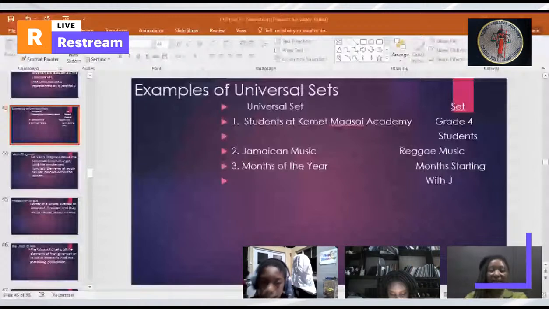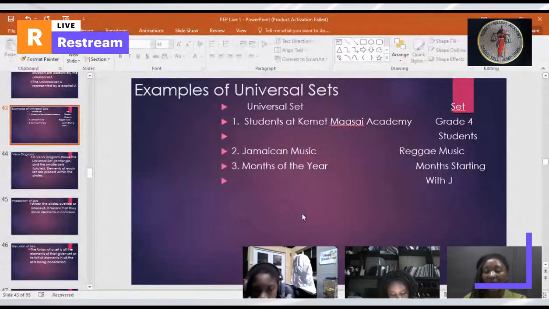All right, so these are examples of universal sets, and then examples of a smaller set that might be a part of the universal set. So if we're saying the universal set is students at Kemet Maasai Academy, that's the broad set, all the elements being considered.